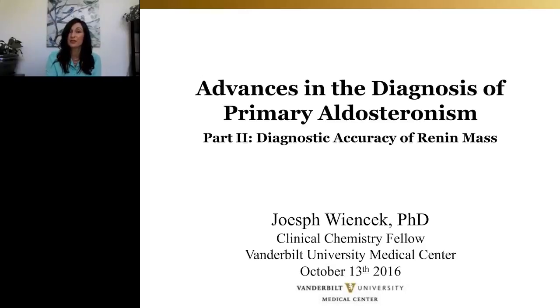Secondary to his graduate research in hematology and coagulation, he completed a comprehensive clinical chemistry internship at the Cleveland Clinic's Pathology and Laboratory Medicine Institute. Currently, Dr. Wiencek is a second-year clinical chemistry fellow at Vanderbilt University School of Medicine. His clinical interests revolve around endocrinology and pediatric clinical chemistry. Dr. Wiencek also serves as an officer for several divisions within the American Association for Clinical Chemistry. I'll now turn this presentation over to Dr. Wiencek. Dr. Wiencek?